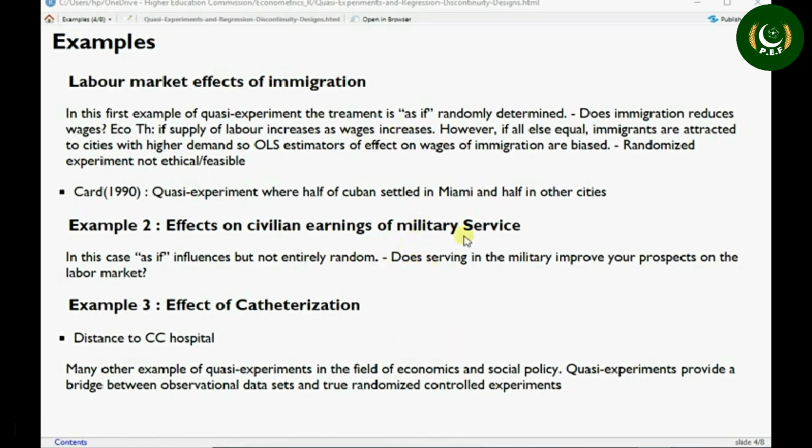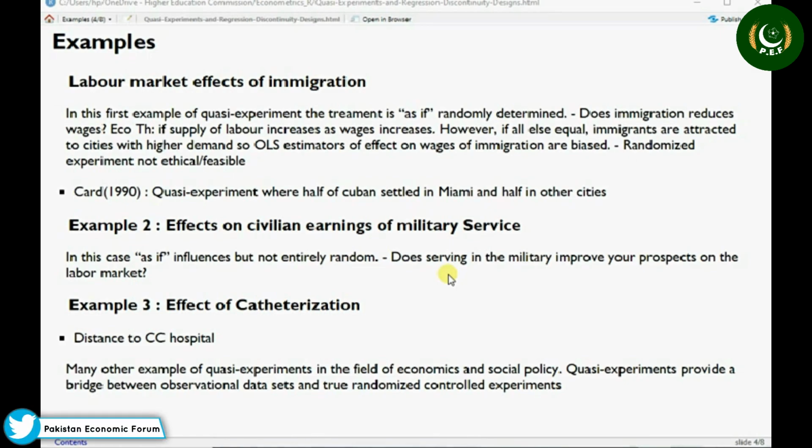Here these two are partially as if random. So you can estimate it by differences in differences. This one was in the Vietnam War. There was a lottery method: if my name is included to serve in the military, I have to serve, but again I have to fulfill some physical criteria to be part of military service.